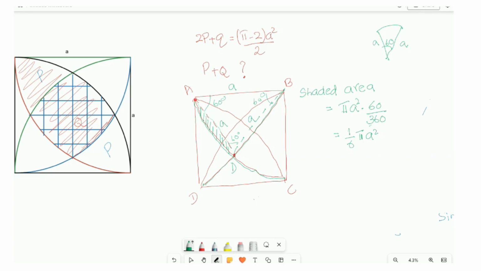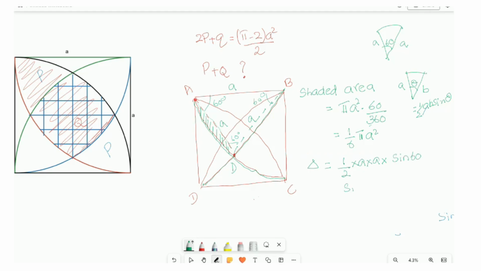Triangle area, we know that if we have a triangle like this with sides A and B, and if this angle is theta, the area is half times A B sine theta. So now the triangle area is half times the sides A and A, so that is A times A. The included angle is 60, that means sine 60.